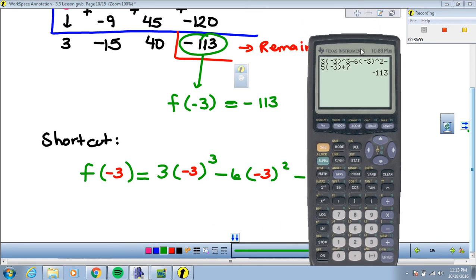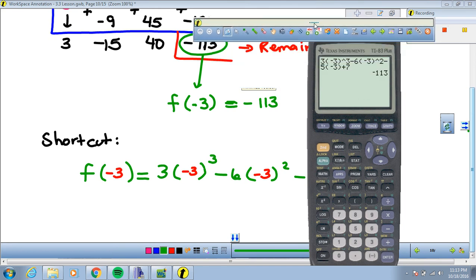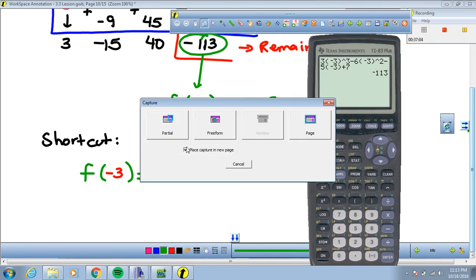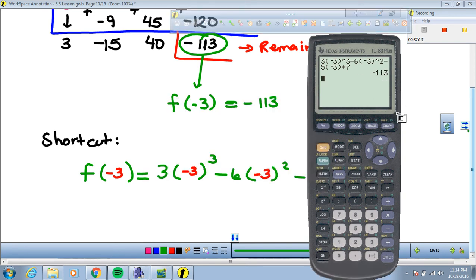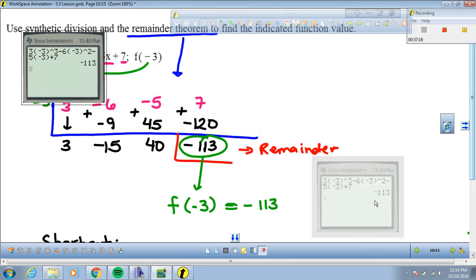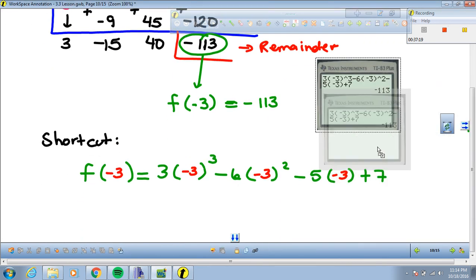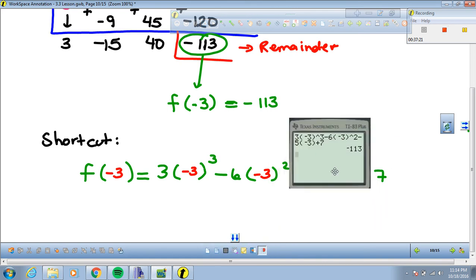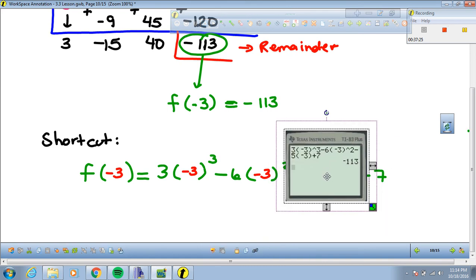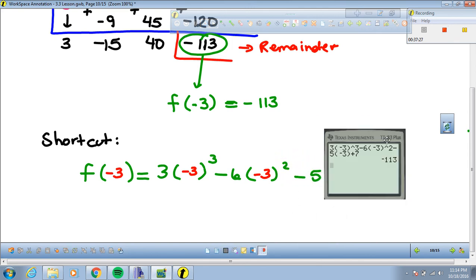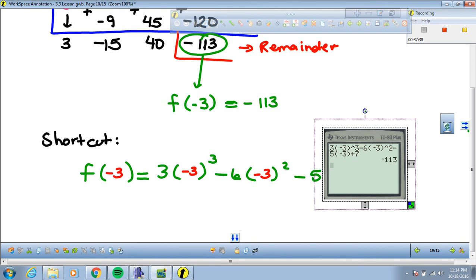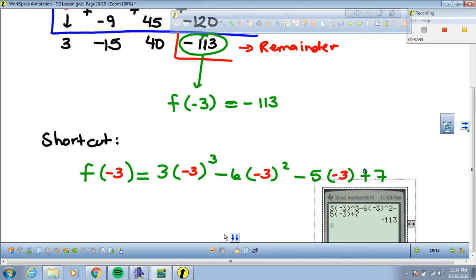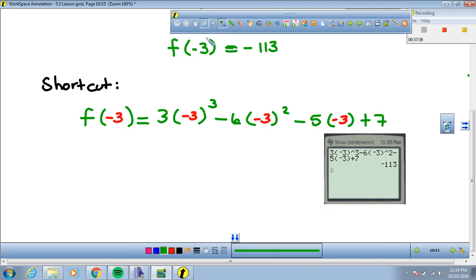You can see what the answer is, and as a matter of fact, let me take a picture of this and add it here. The answer is, for f of -3, the answer is -113.